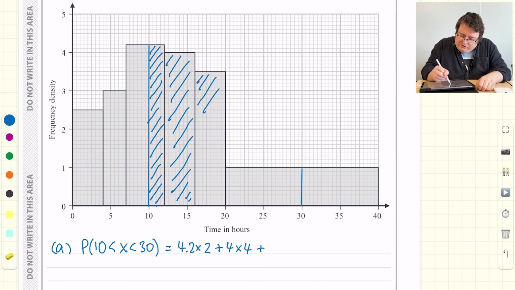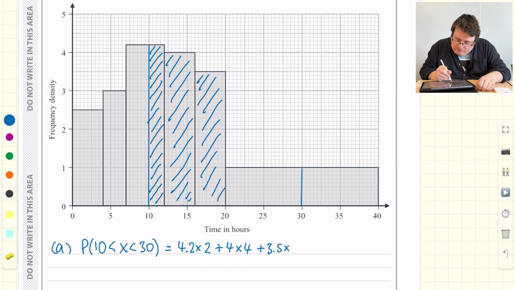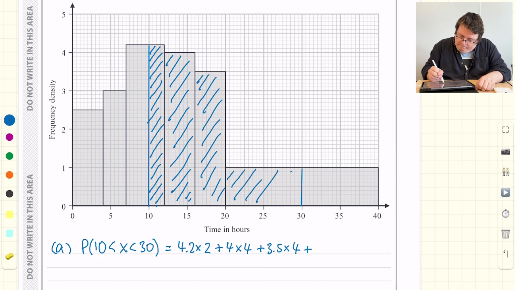Then our next block has a height of 3.5 and a width of 1, 2, 3, 4. And our final block has a height of 1 and a width of 10.